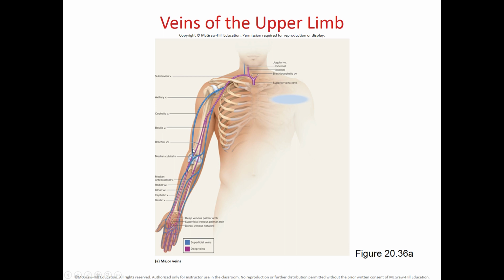And then you have here the brachial veins that drain into the axillary, which drains into the subclavian. And then we have this basilic vein that drains into the brachial, and then we have this cephalic that goes and drains into the axillary. And then this will drain into the subclavian, and together the subclavian and the external jugular will form the brachiocephalic vein, which drains into the superior vena cava.